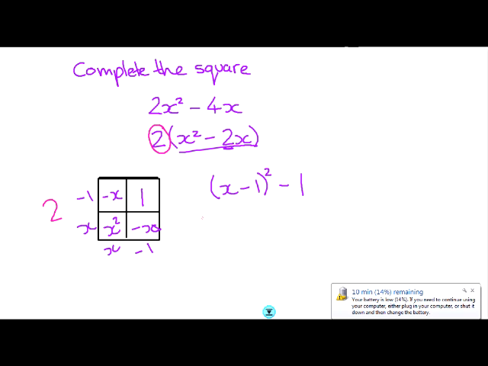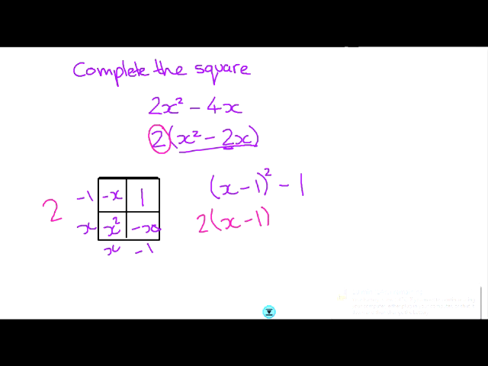So we can say that we have 2 of those, and we also have 2 of that. So we can just tidy this bit up. So we'd have 2 lots of x minus 1 squared, take away 2, and that is the answer for the completing the square.